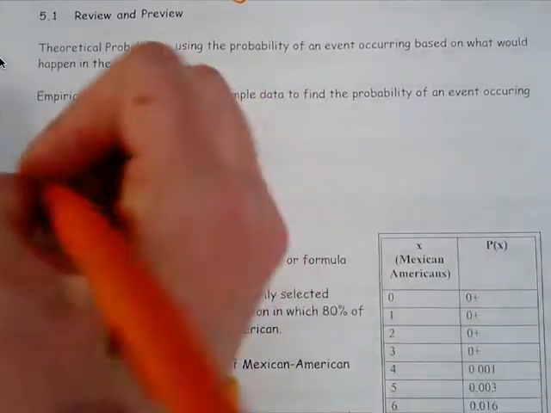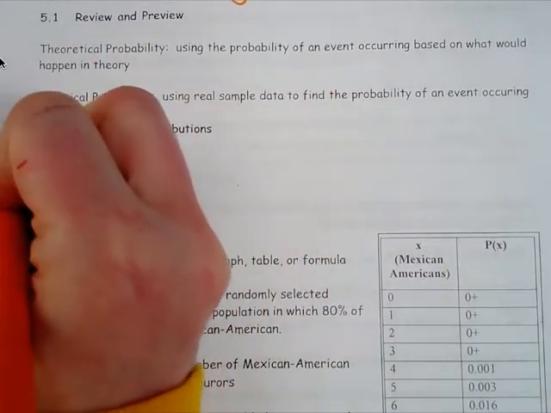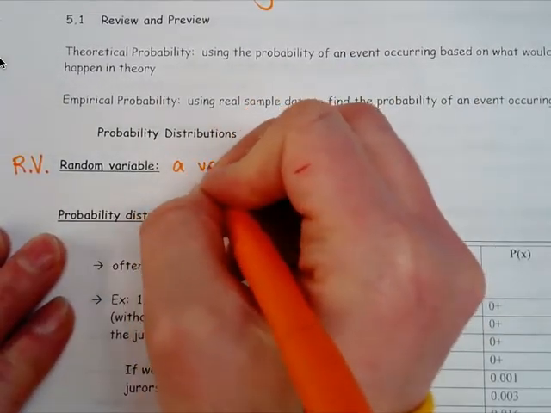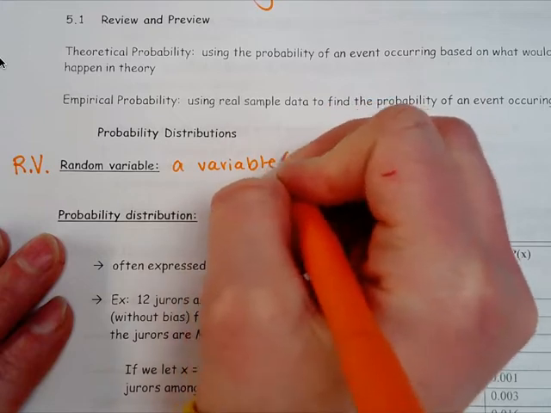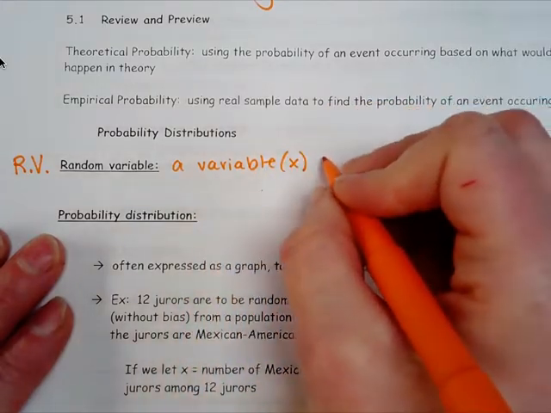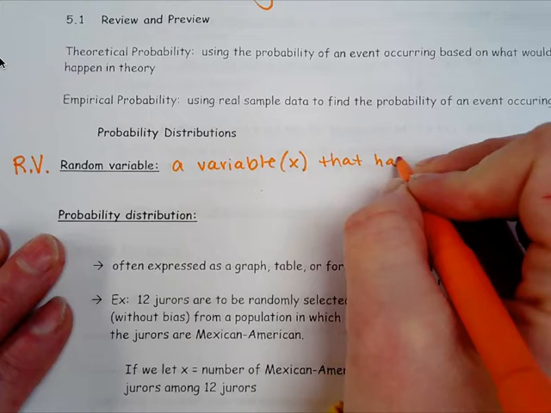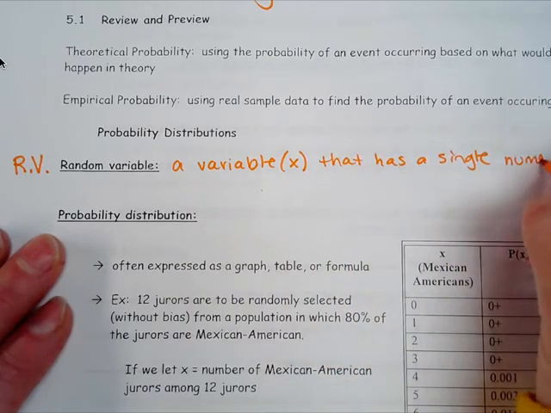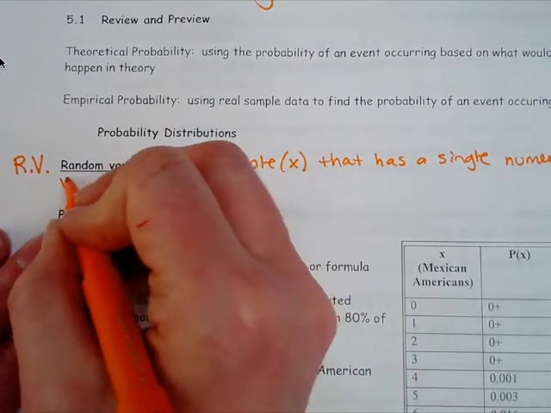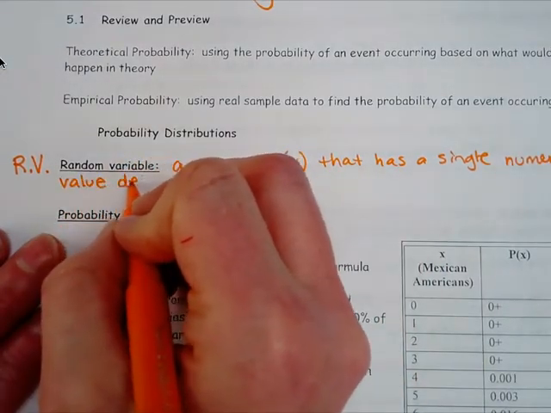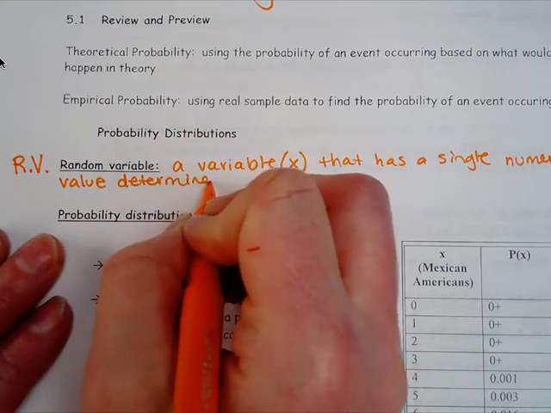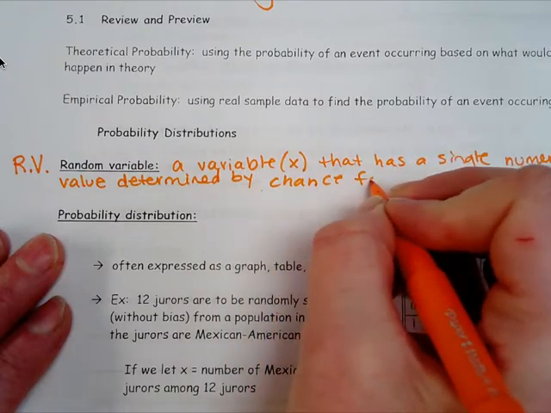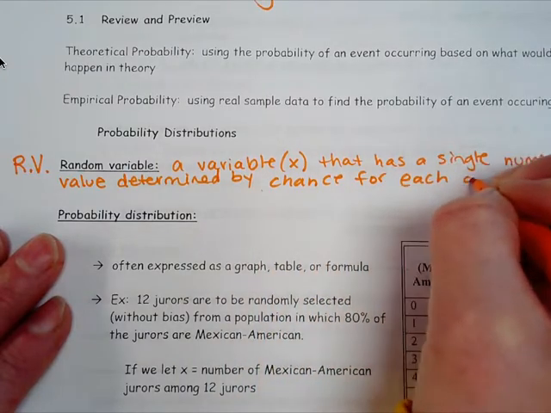So random variable, which I'll abbreviate with just RV, is a variable that we're going to call x, that has a single numeric value determined by chance for each outcome of an event.